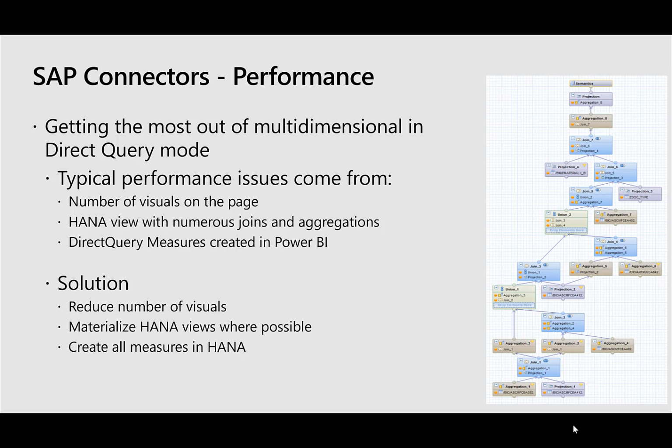One way to avoid that is to create all your measures and columns in HANA and return them as a single data stream. HANA is a big, heavy, powerful server that could more easily support those types of operations than pushing those operations to the Power BI service.